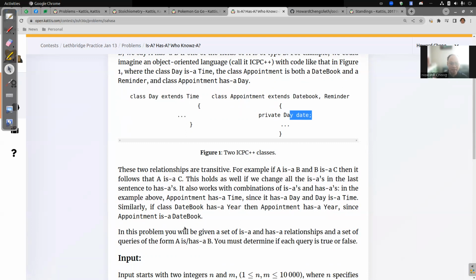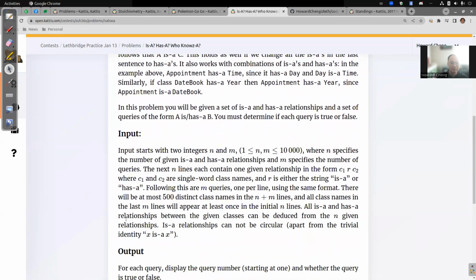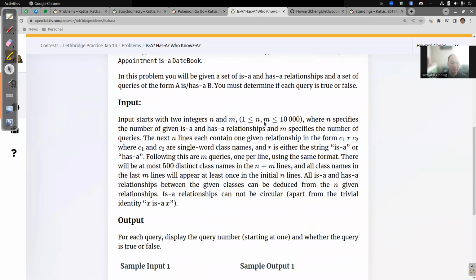In this problem, you'll be given a set of is-a and has-a relationships and a set of queries of the form A is a B or A has a B, and you have to say true or false. There are at most 10,000 for N and M. N is the number of is-a and has-a relationships, and M is the number of queries. Each relationship is something is a something, or something has a something else.